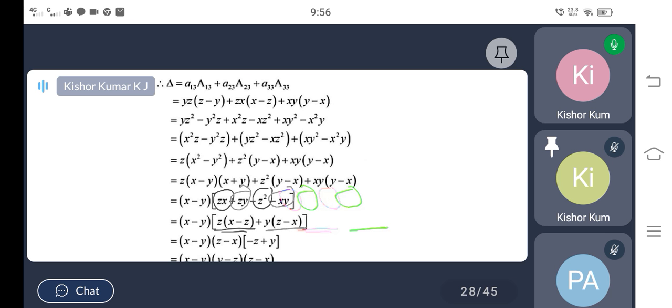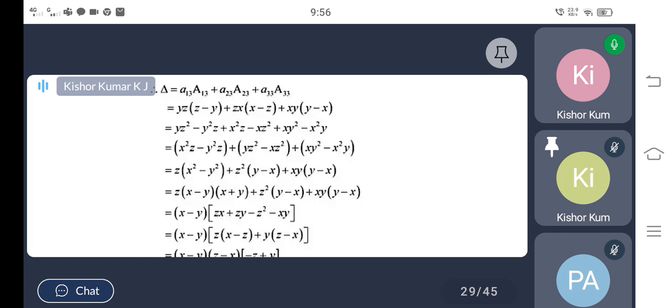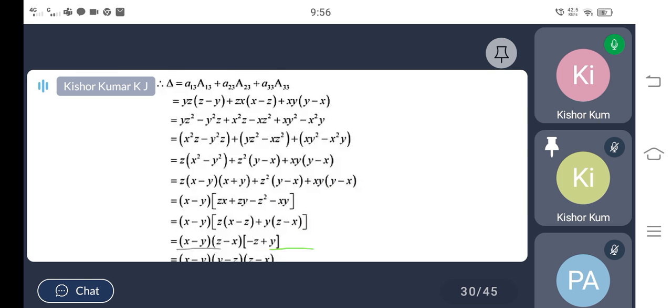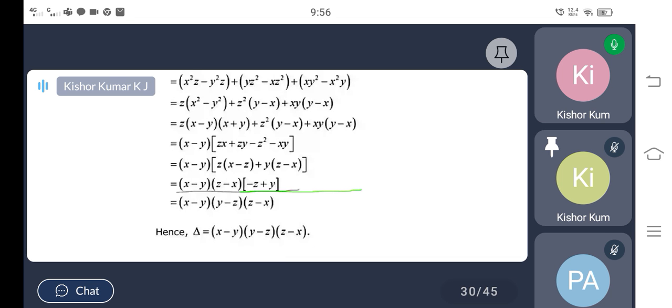Again you can take z minus x common. It will be x minus y into z minus x into minus z plus y. And finally, when we arrange in order, it will be x minus y, y minus z, z minus x. So that is the value of the determinant.